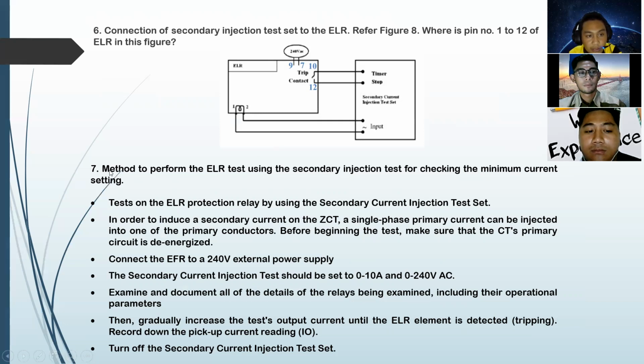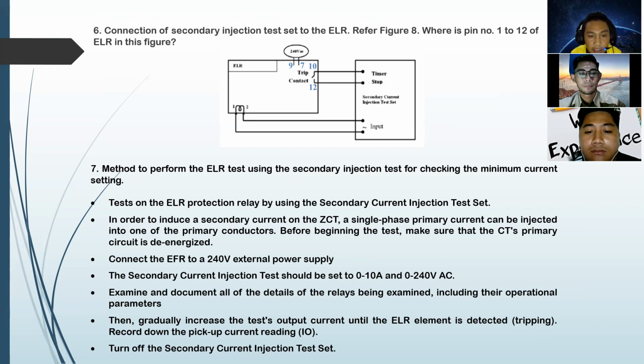For the next one, the method to perform the ELR test using the secondary injection test for checking the minimum current setting. The first one: test the ELR protection using the secondary current injection test set. Next, in order to produce secondary current on the ZCT, a single phase current can be injected into one of the primary conductors. Next, connect the ELR to the 240 volt external power supply.